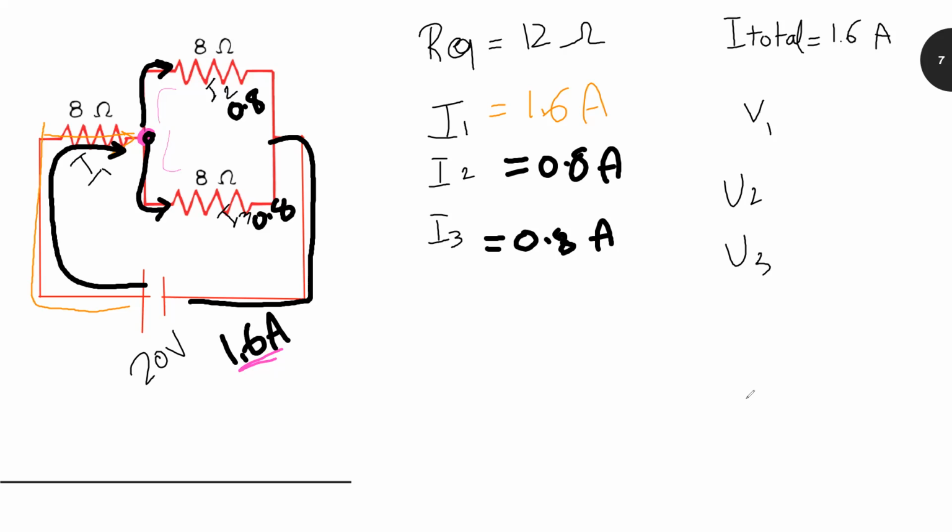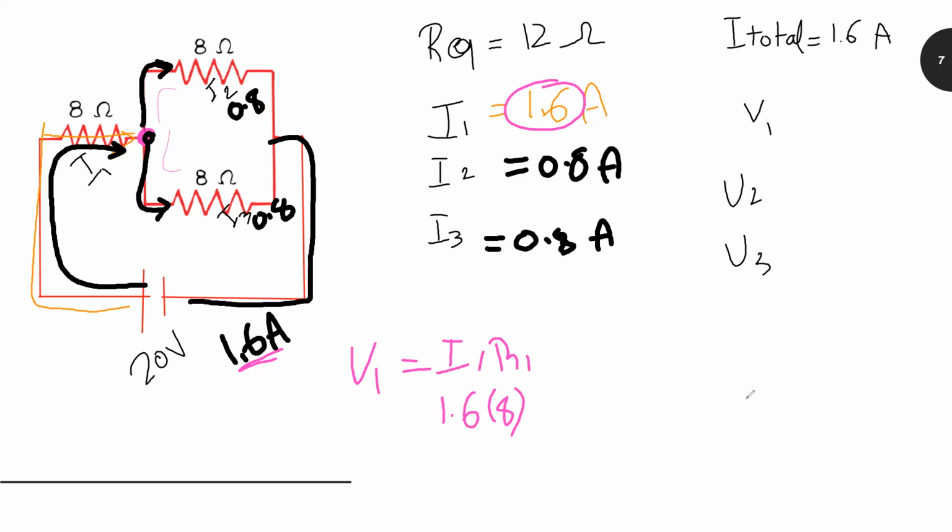Now, if you need to find the voltage at any point, to find V1, you have to remember that it is I1 times R1. I1 is 1.6 and R1 is 8.